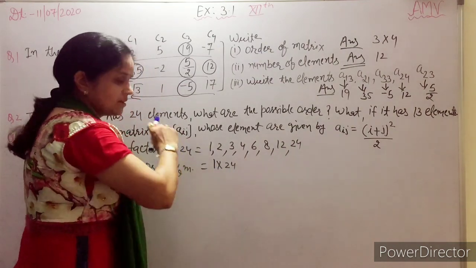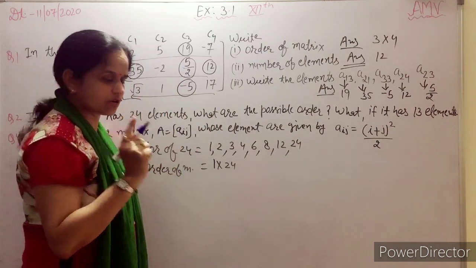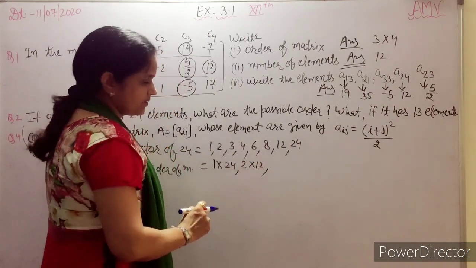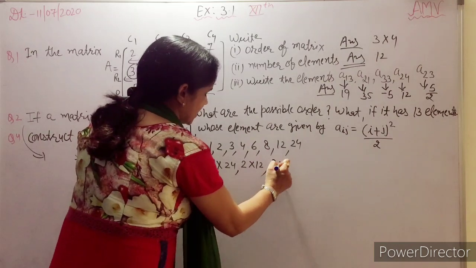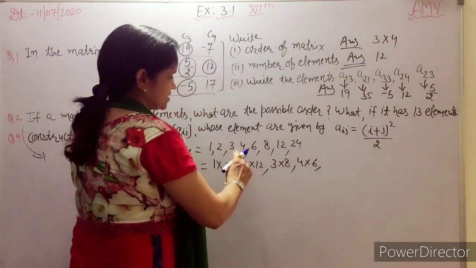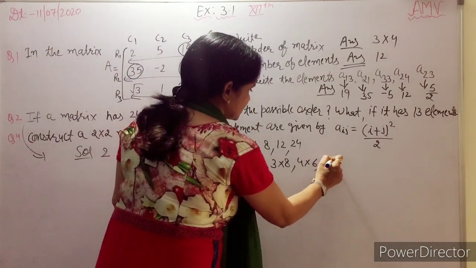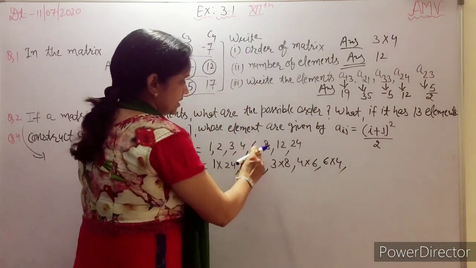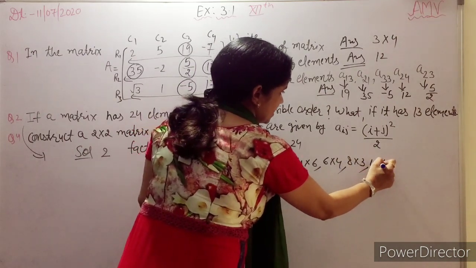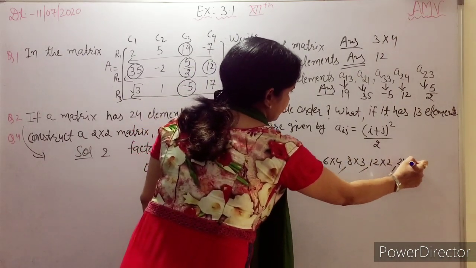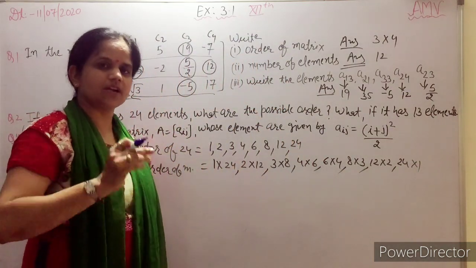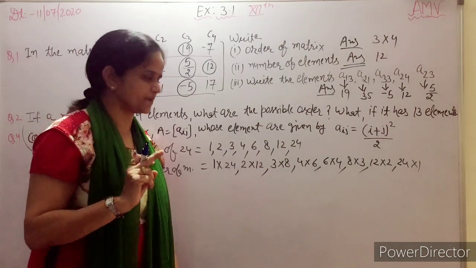Okay, means 1 row and 24 columns. Next 2 by 12. Next 3 by 8, 4 by 6 and 6 by 4. Next 8 by 3, 12 by 2 and 24 by 1. Okay, these are the possible orders of the matrix.